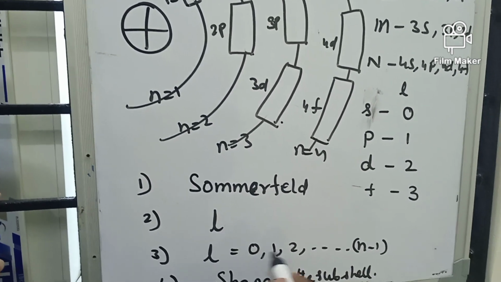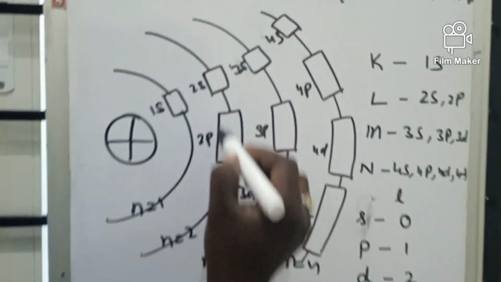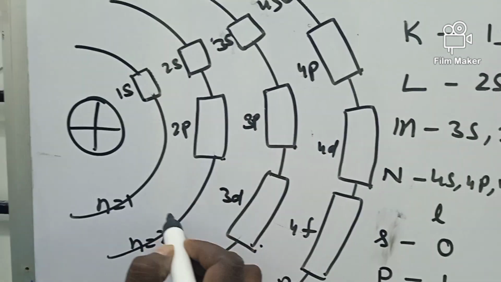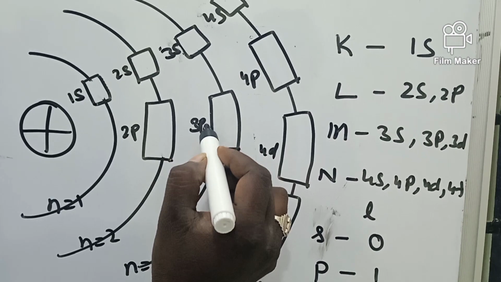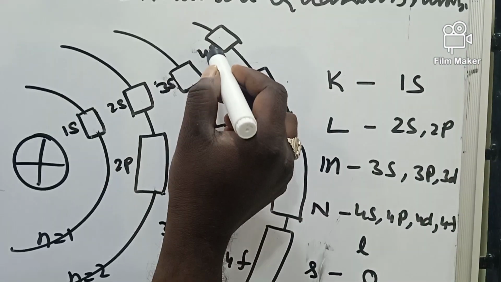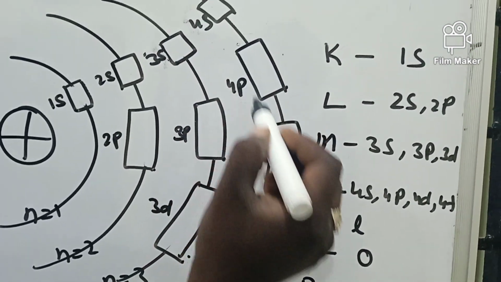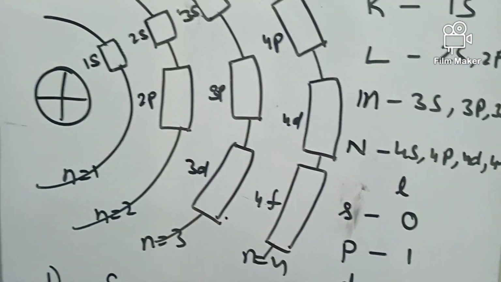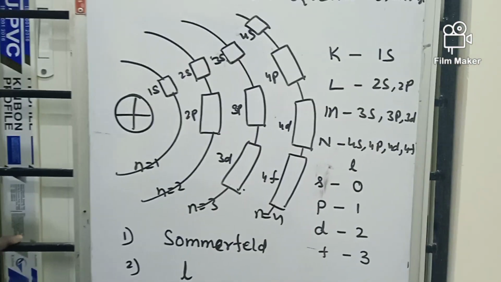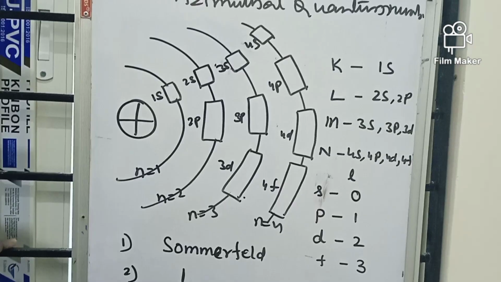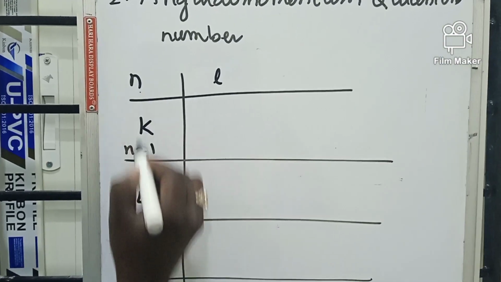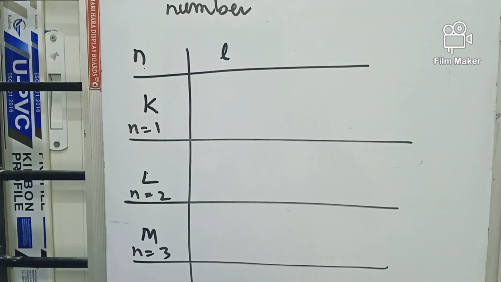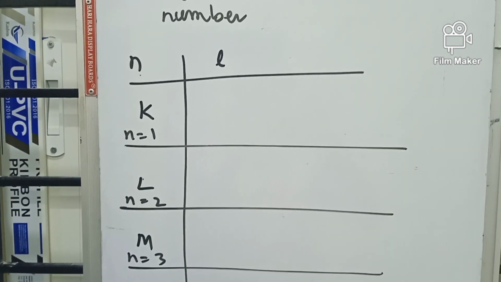For n equal to 2, 0 and 1. For n equal to 3, 0, 1, 2. For n equal to 4, 0, 1, 2, 3. Means up to n minus 1 only the values will end. This is the principal quantum number, and how will the angular momentum quantum numbers be?